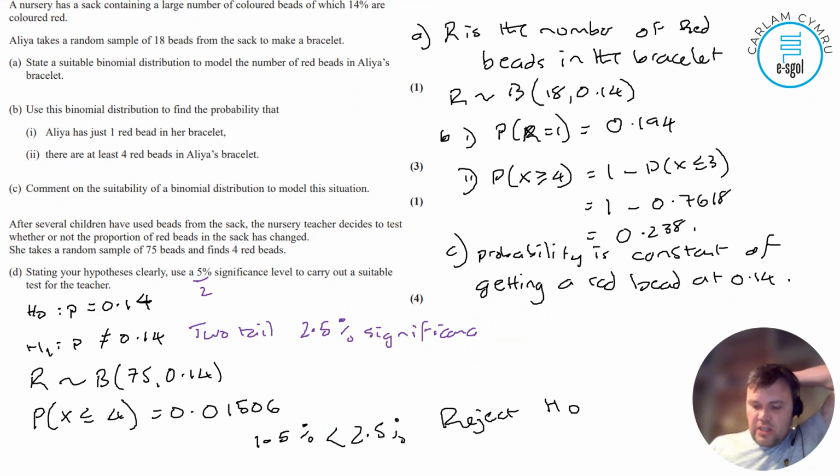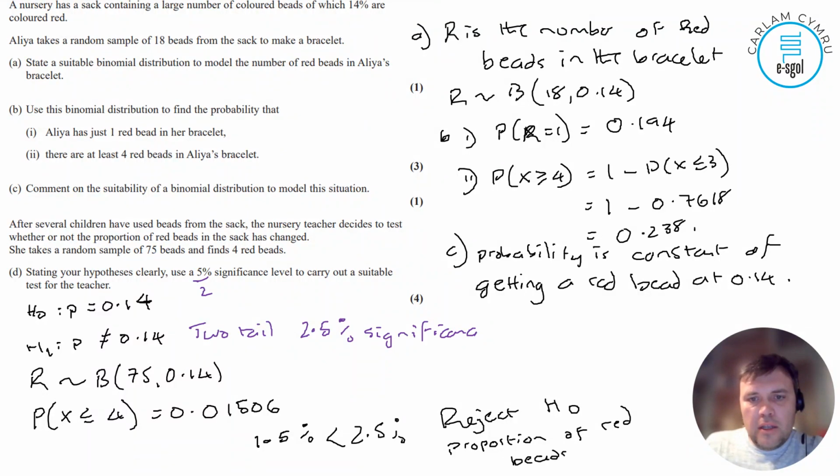So there's sufficient evidence at 2.5% that the proportion of red beads has changed.